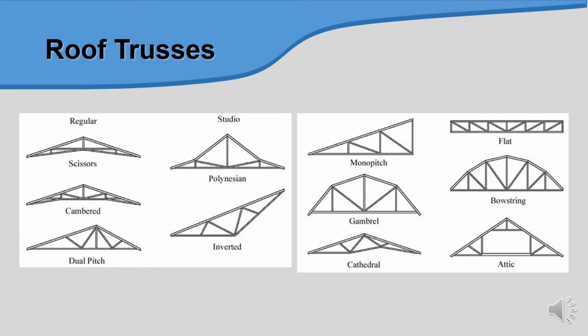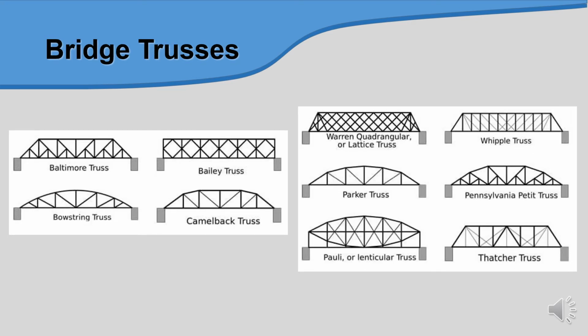So for the roof trusses, there are many types of roof trusses, from the regular scissors, cambered, dual pitch, and then we have many mono pitch, cathedral, attic, and then we have bridge trusses, Baltimore truss, this one is a bridge, belly truss, camelback truss, and many more.